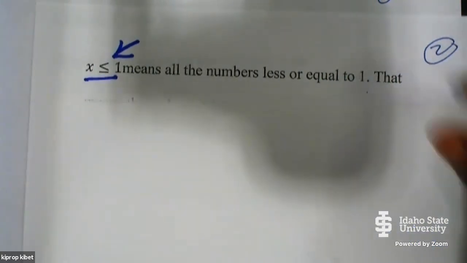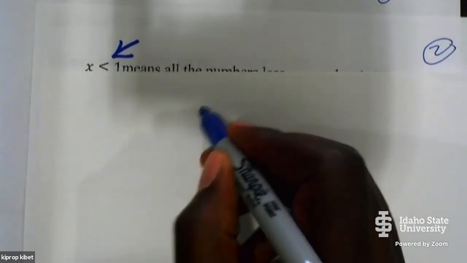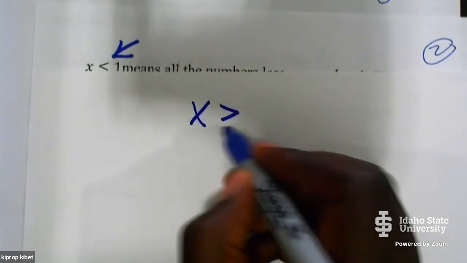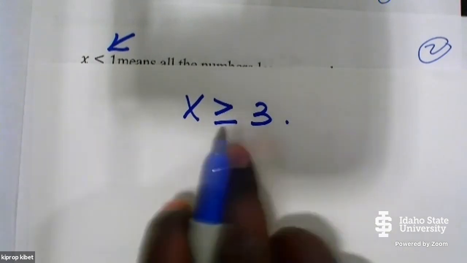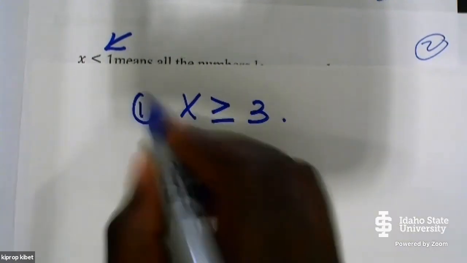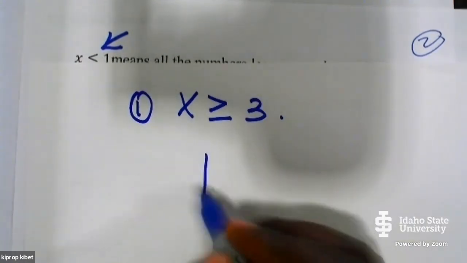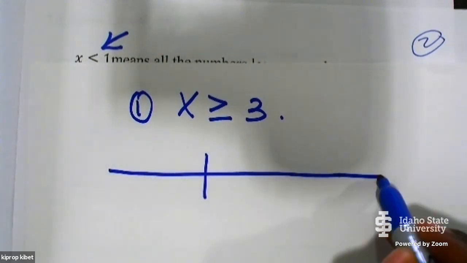Now, if we have the value of x greater or equals to 3, okay? So the question can be, draw the Cartesian plane or the graph for this one, and then you write the interval notation for this. So the first step is, this one is that, then you draw now.